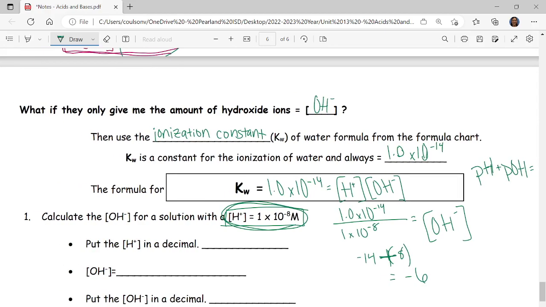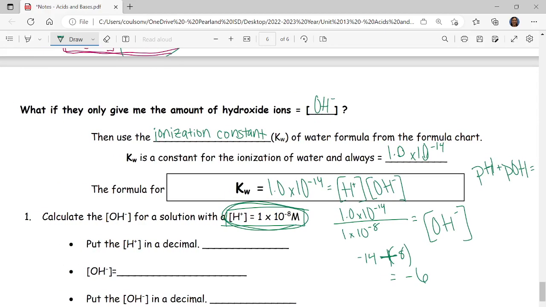So if we calculate our hydroxide ion concentration, if I put this as a decimal, it would be 0. and then 7 zeros. 1, 2, 3, 4, 5, 6, 7, and then a 1. My hydroxide ion concentration is going to be 1 times 10 to the negative 6th.